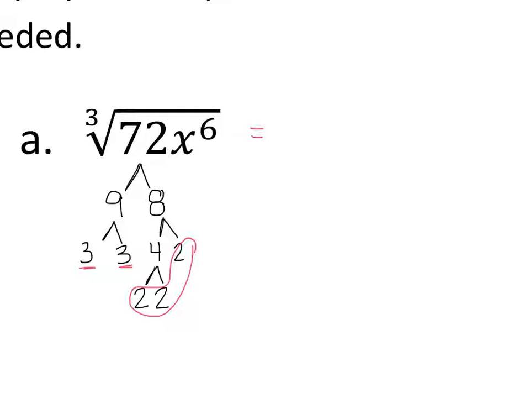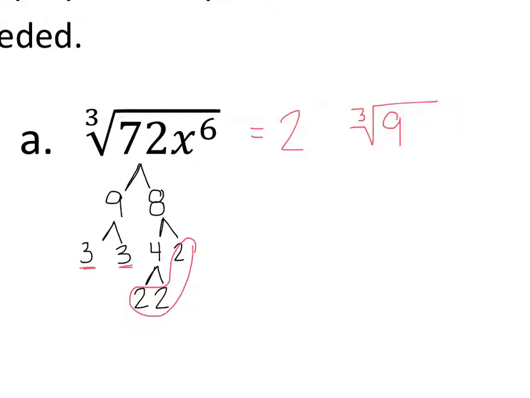The 4 we broke down, so we can ignore it. Outside there'll be a 2. Inside there'll be 3 times 3, which is 9. Do you still write that 3, the index? Yes, the index has to stay the same through the whole problem.